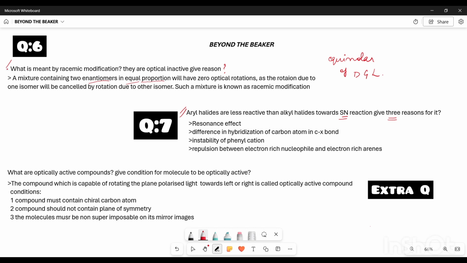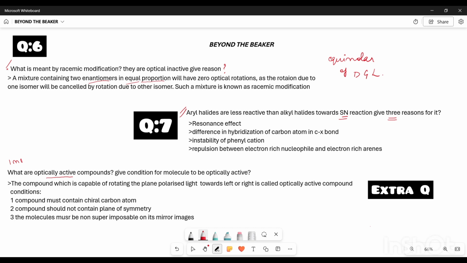Next, one more important question: what are optically active compounds? Give the conditions for molecules to be optically active. A compound which is capable of rotating plane polarized light towards left or right is called an optically active compound.